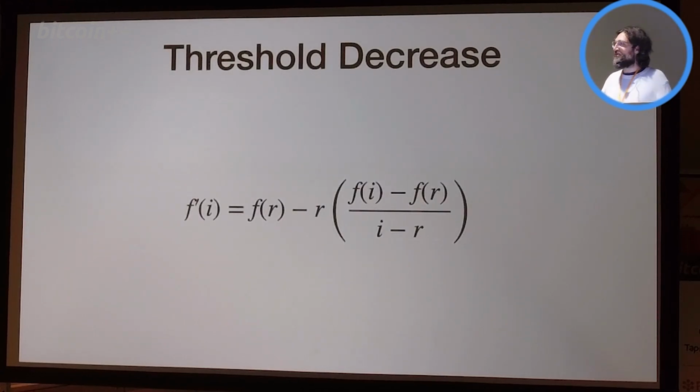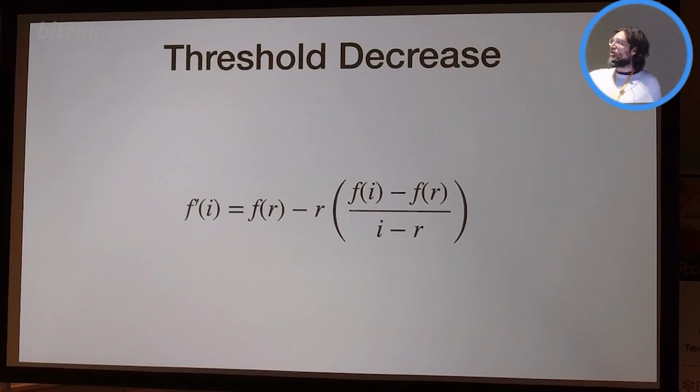So we have this equation that we can do to do this. Our new polynomial with the lower degree is going to be f prime of I, and f of r is the revealed share. Everybody knows that value. It's the evaluation of the old polynomial at r, our random index that everybody learned.